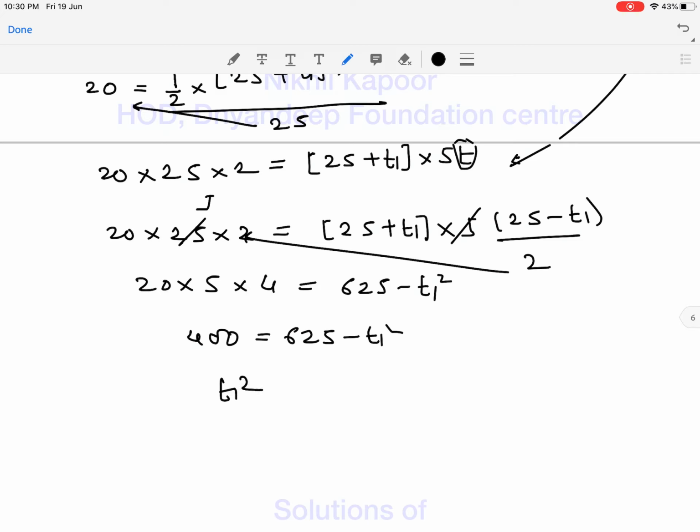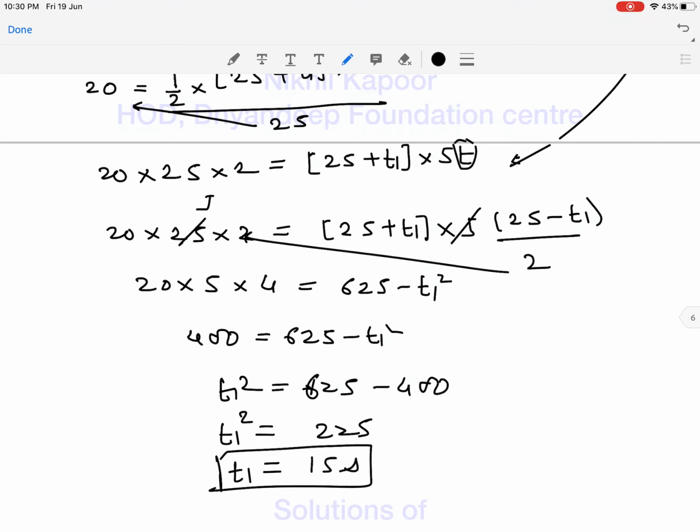Therefore t1 square will be equal to 625 minus 400, which becomes 225. So t1 is equal to 15 seconds. So it moves uniformly for 15 seconds. That is the answer. Thank you.